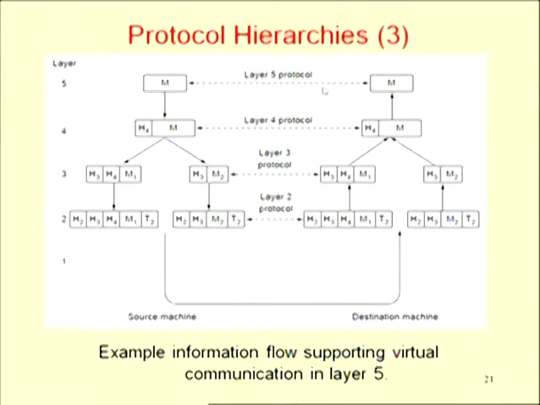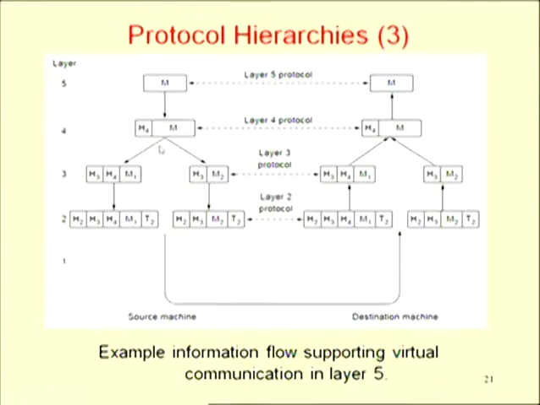So you can say the layer 5 protocol is generating a message, the philosopher is generating a message, then it is being written in the form of a letter. So the layer 4 protocol is there, the secretary is writing in the form of a letter. So layer 4 would be putting its own header on the message. Then the message would be passed to layer 3.